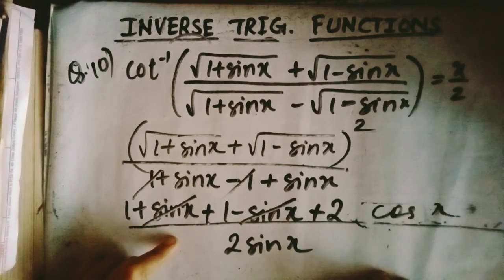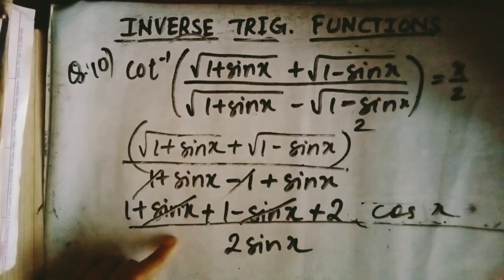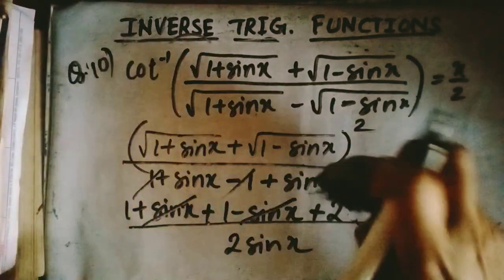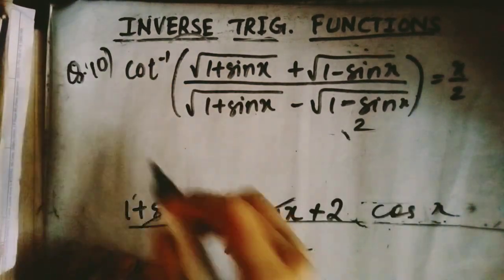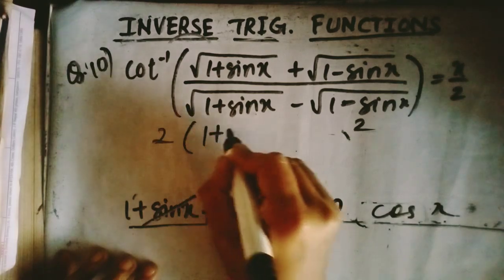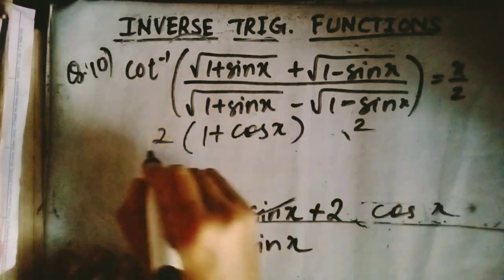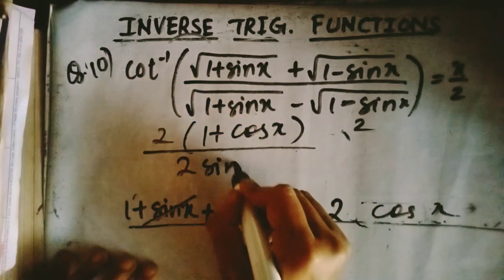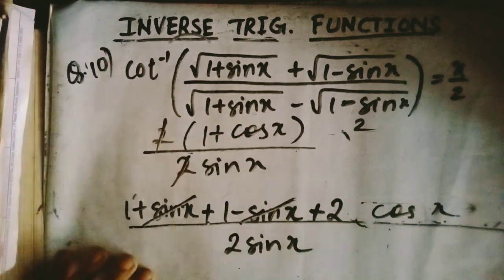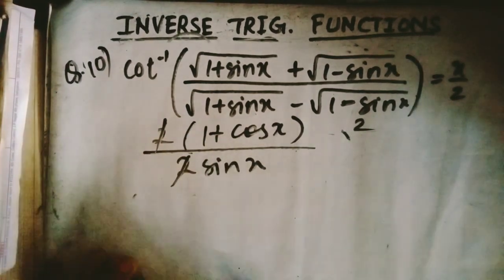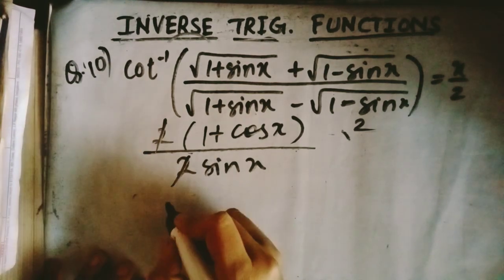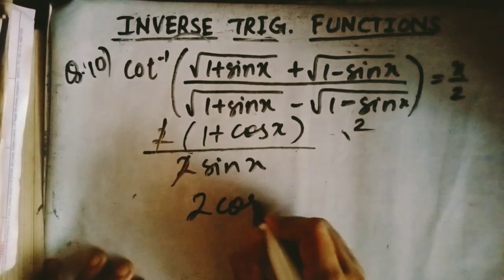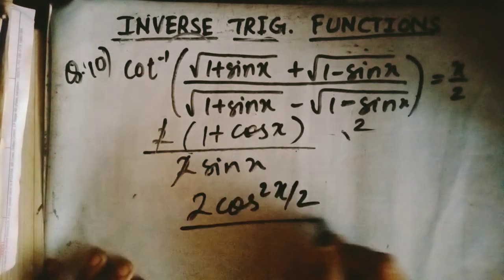So you can take here 2 common. So you will get final as 2 times 1 plus cos x upon 2 sin x. 2 gets cancelled. 1 plus cos x you can substitute using half angle formula as 2 cos square x by 2 upon sin x.